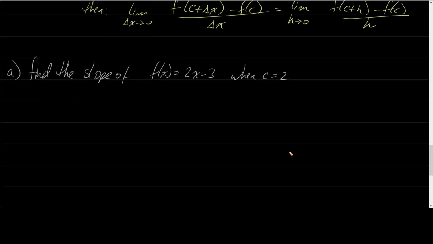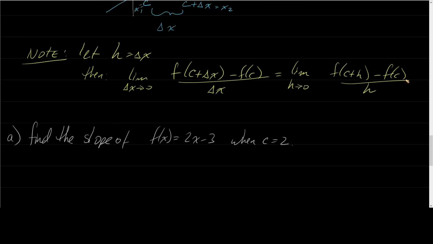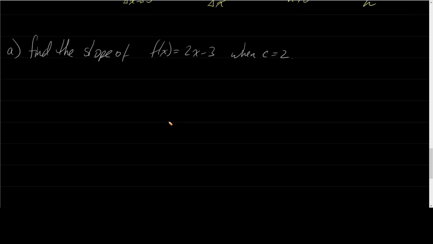All right. So here it is telling me to find the slope for a function. Well, let's do it with this limit definition of the slope. Since I need to use the limit definition of the slope, m is the limit as h goes to 0 of f of c plus h minus f of c all over h. And we're saying c is equal to 2.